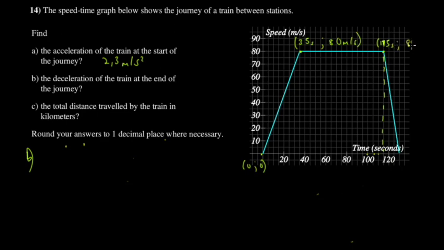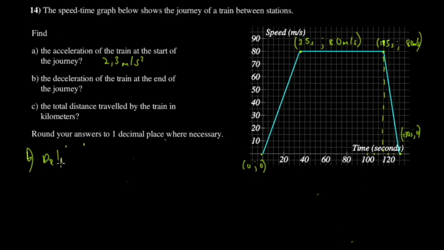Then we have 80 meters per second like this. This one would be your ordinate. Where is 120? 120 is here, 125, 130. So 130 seconds and 0. Okay, so that's it.